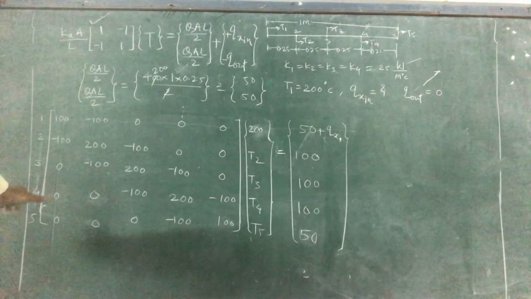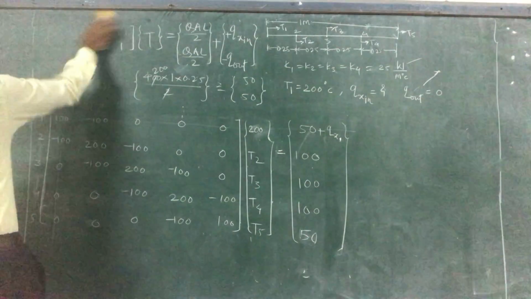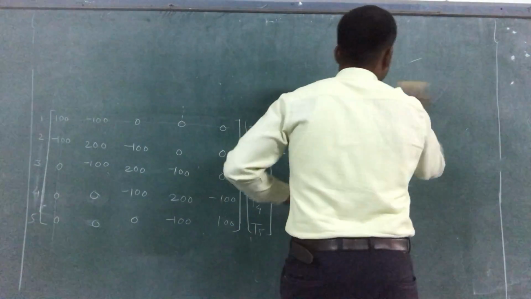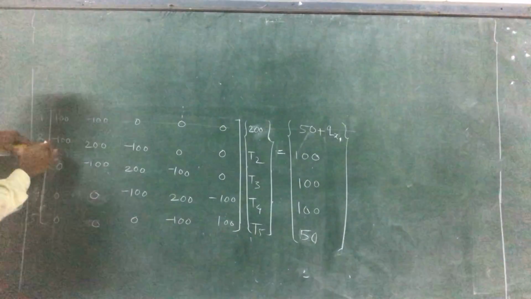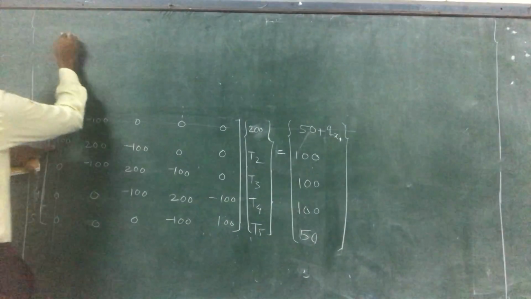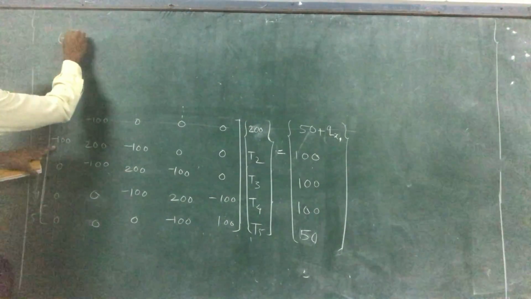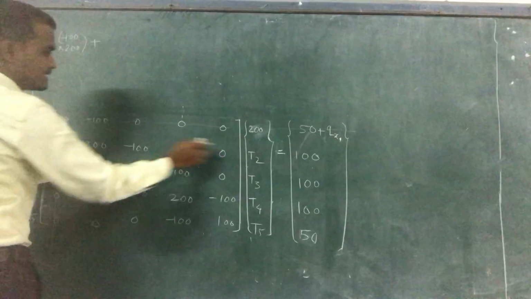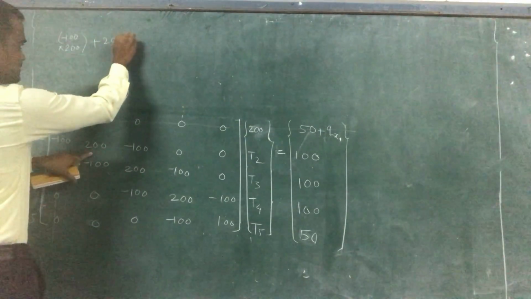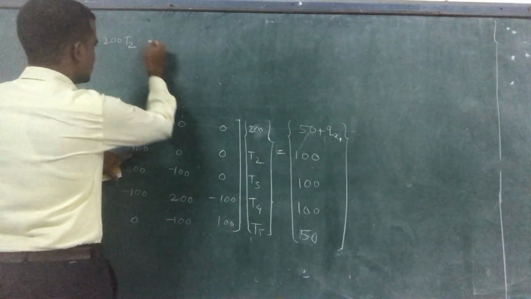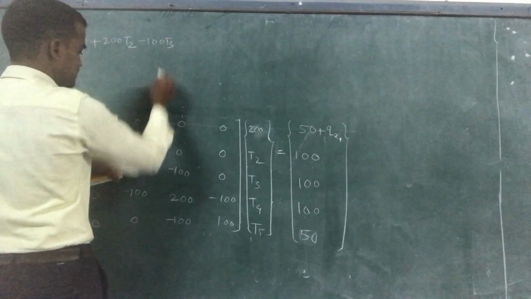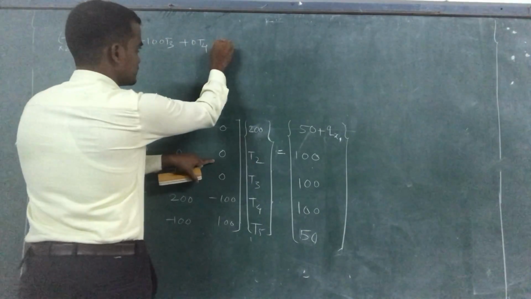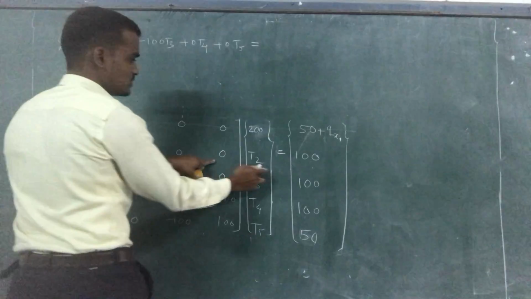So how do we take it? If we write this second equation, we get minus 100 into 200, plus 200 times T2, plus minus 100 times T3, plus 0 times T4, plus 0 times T5, is equal to 100.